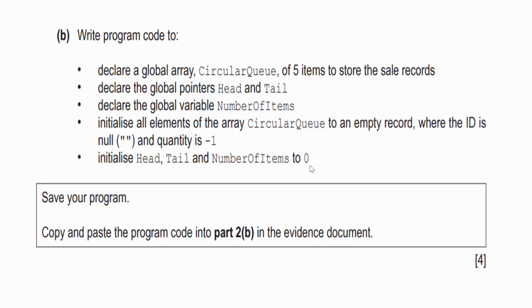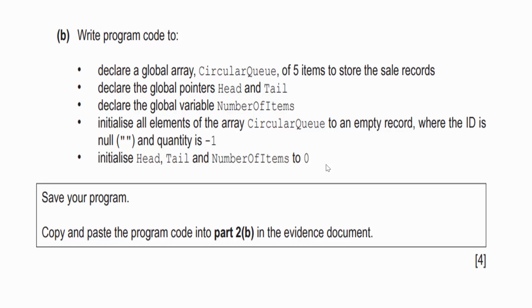That means we need to use index 0. If we omit index 0 and we were using the array indices 1 to 5, we'd have to initialize head and tail to 1. Otherwise, it wouldn't work appropriately. So make sure you pay attention here because head and tail are being set to 0 and they tell us to do that. We have to include index 0.